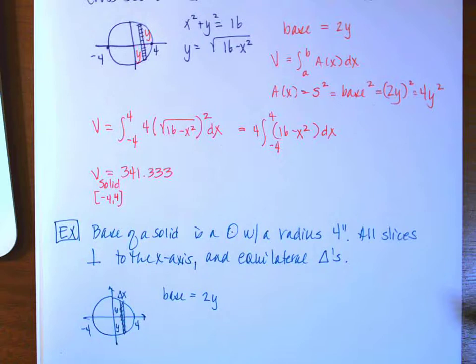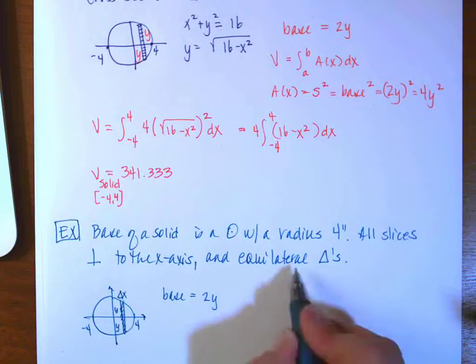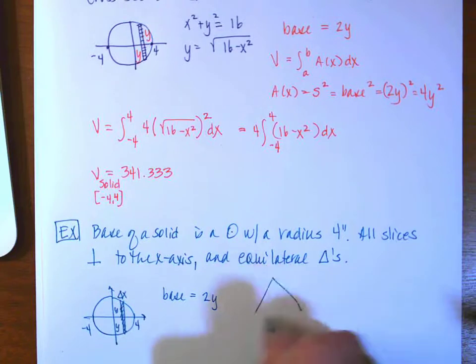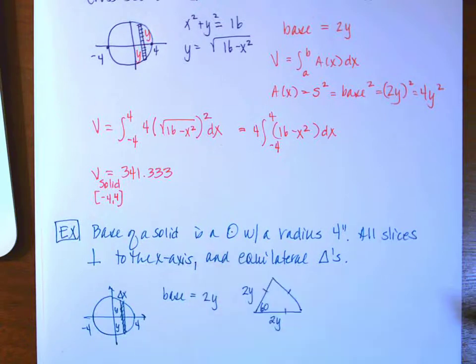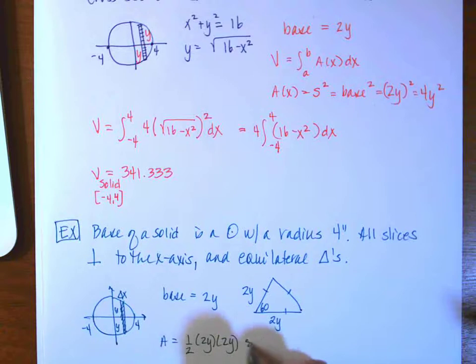Now it's possible in some of these images that I would have to do the top minus the bottom curve to get my base, and then I could use that base in my area calculations. But in this one, it's a fairly straightforward image. So if my bases are equilateral triangles, that means that my picture would look something like this. This would be 2y, and this would be 2y.